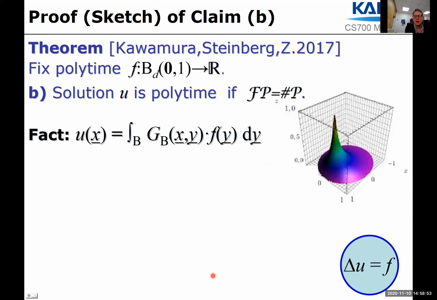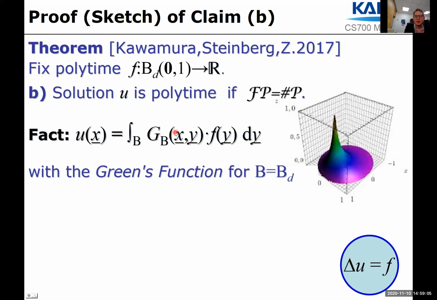The solution is known to be given by this integral with a given right-hand side f weighted by the Green's function, where the Green's function depends on the Poisson equation and is also specific to the domain.